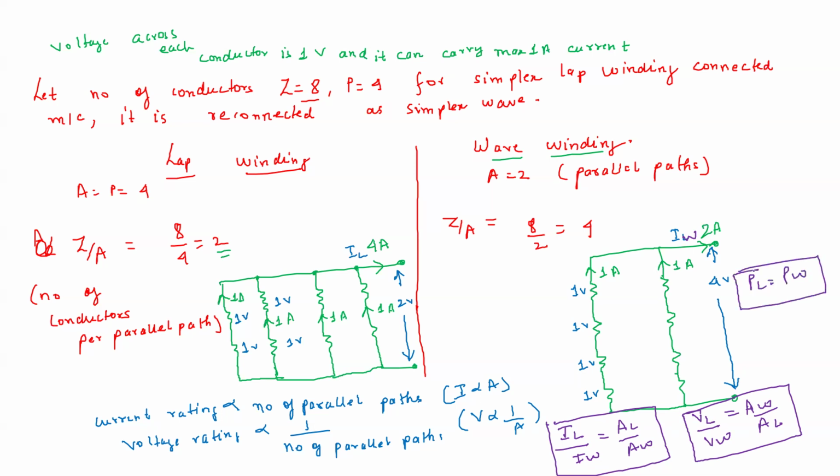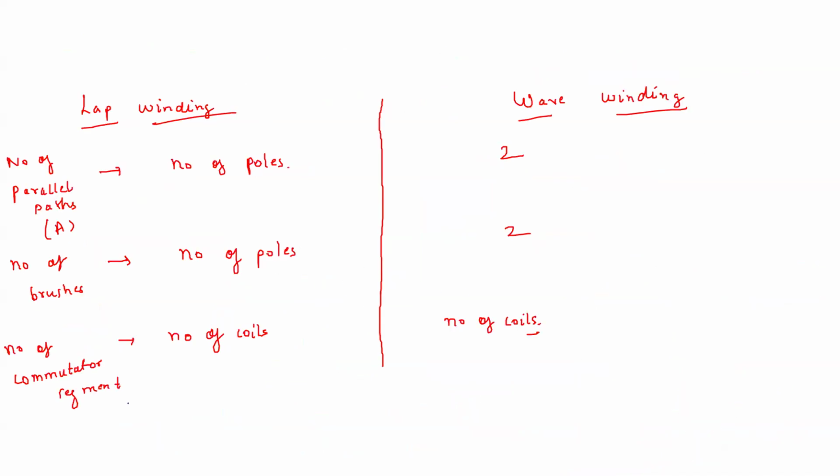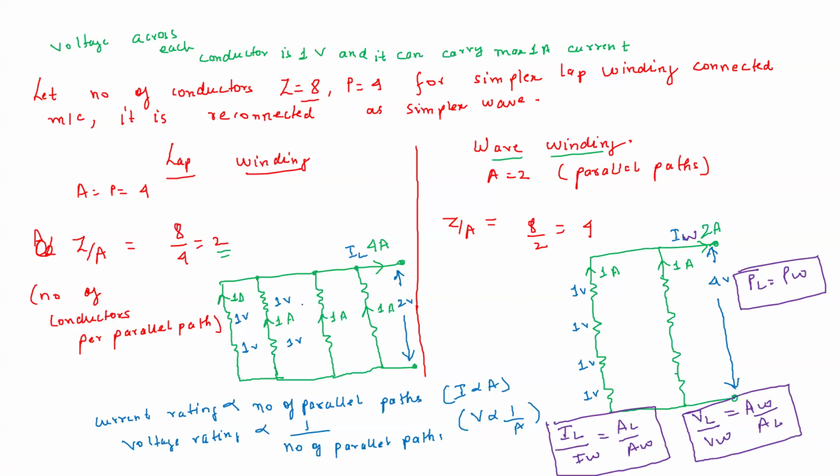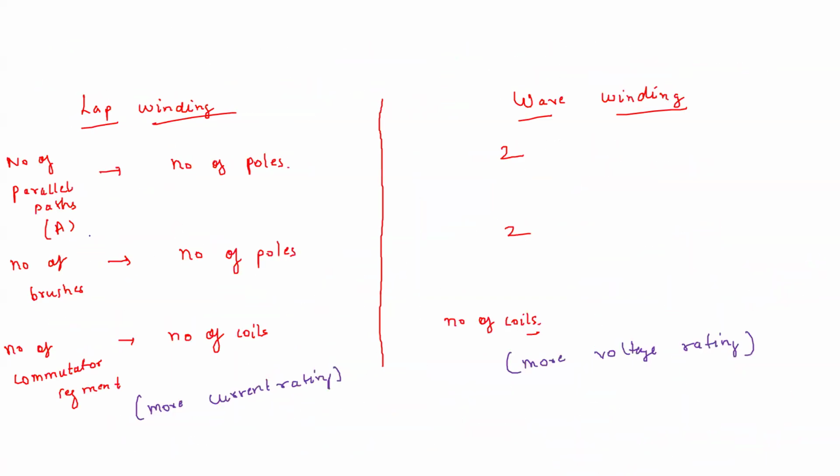So you see here, lap winding has more current rating and wave winding has more voltage rating. We have seen from this example, right? So I hope you will remember this chart. Okay, this chart is very important.